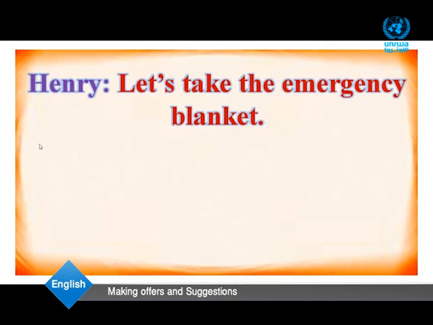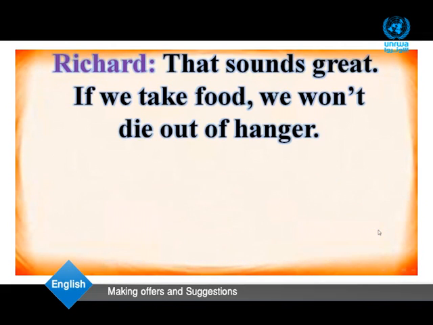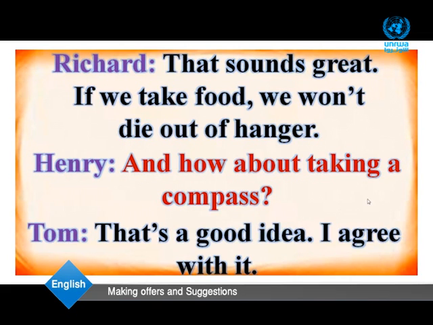Let's take the emergency blanket. I disagree. It isn't the most important thing. Why don't we take some food instead? That sounds great. If we take food, we won't die out of hunger. And how about taking a compass? That's a good idea. I agree with it.